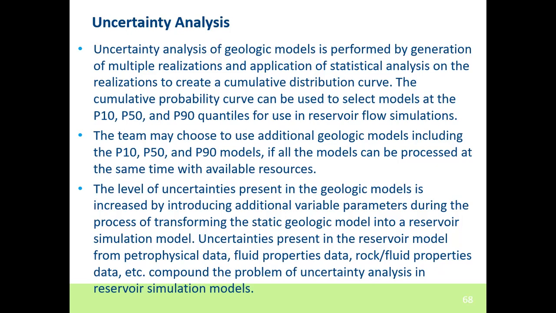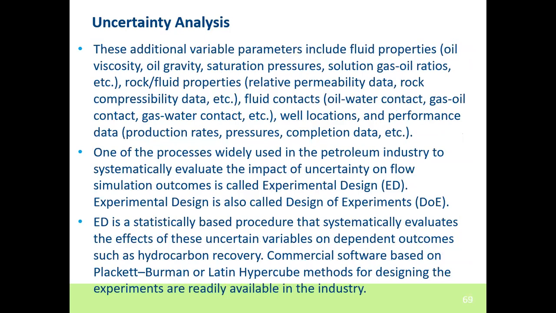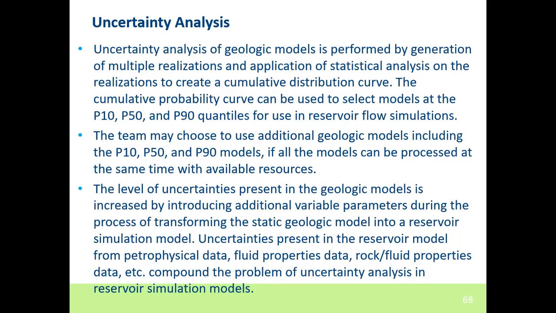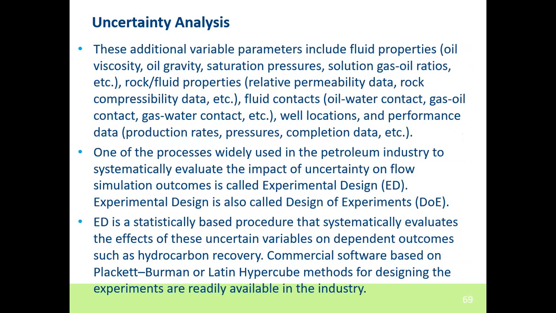There's always uncertainty. It's just that the level of uncertainty decreases with more data acquired. Traditionally, we do the P10, P50, P90 quartile models. But now, we're not limited to those levels of uncertainty. More realizations can be generated.